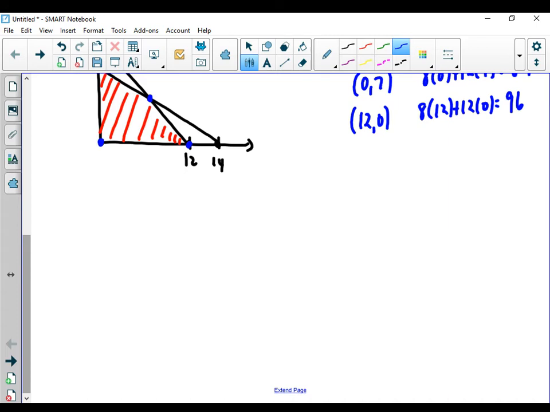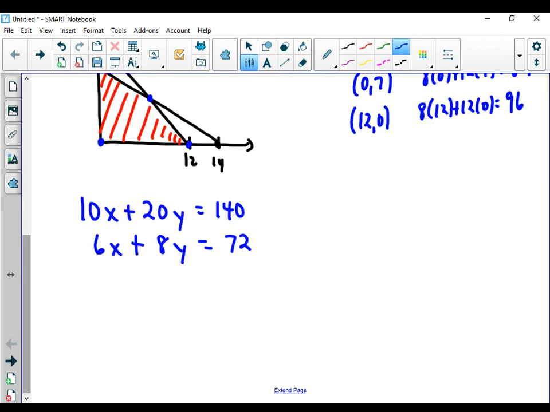If you remember our two inequalities, the first one was 10x plus 20y, and since we're focusing on the line, I'm going to say equals 140. The second one was 6x plus 8y, and it was equal to 72. So I'm going to solve this system of equations because it's going to tell me where the intersection is.